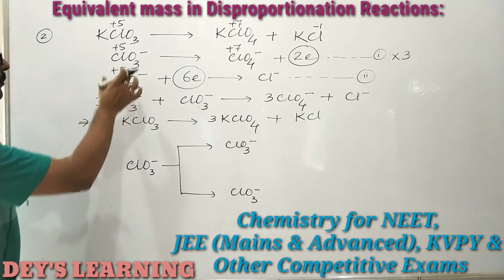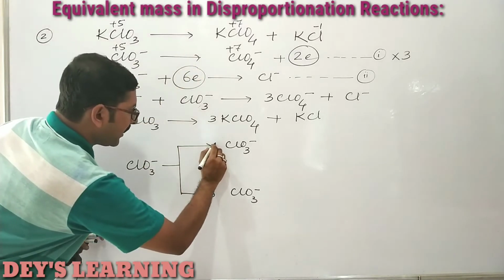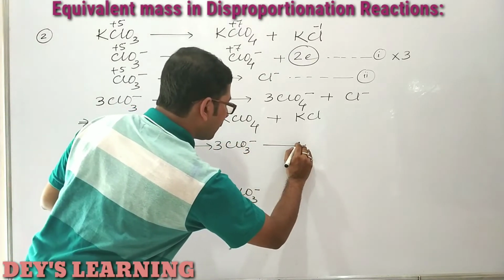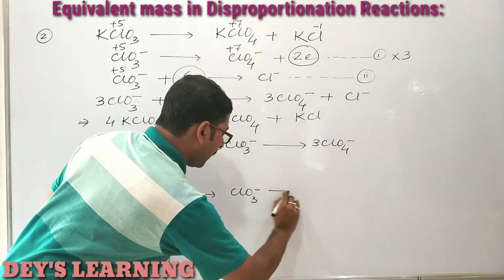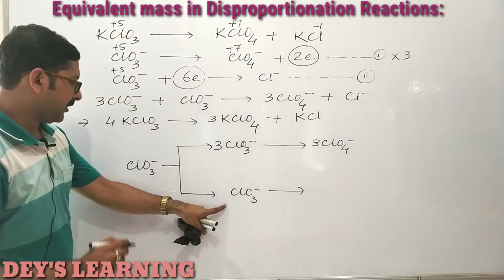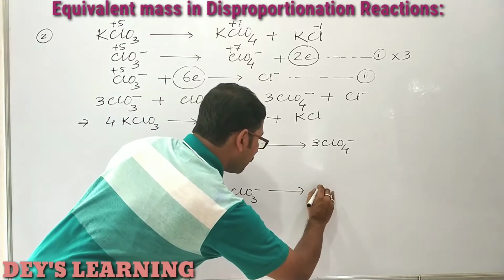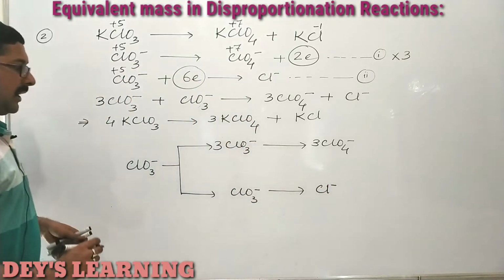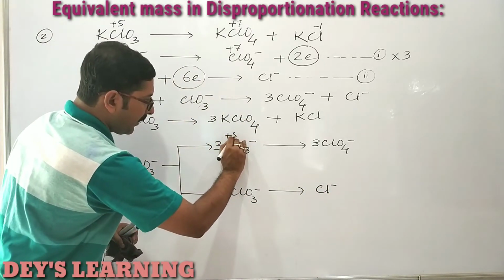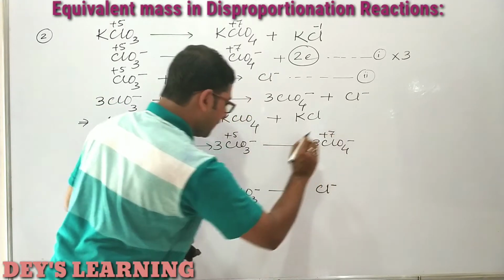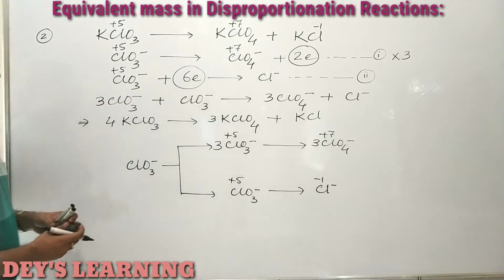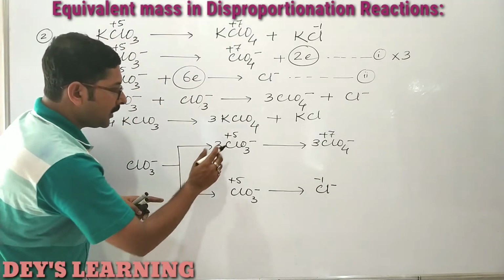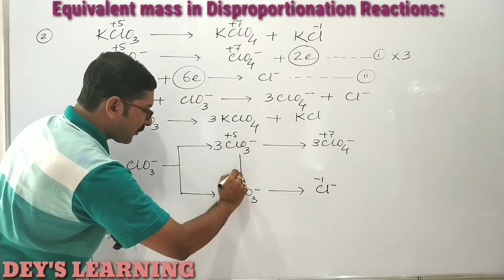Now 3 ions of ClO3 minus are required for this oxidation process, and 1 ClO3 minus is required for the reduction process to produce Cl minus. So actually the oxidation number is changed from plus 5 to plus 7, and here plus 5 to minus 1. So we can write in this way that 2 into 3, that is 6 electrons.